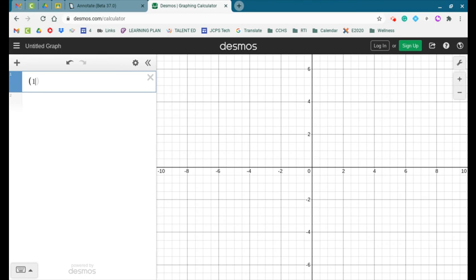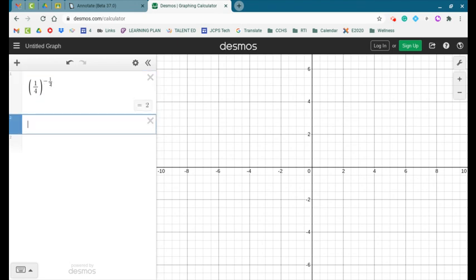We had 1 divided by 4, close your parentheses, and then to the -1 divided by 2. So you can type it in Desmos exactly like that, and it'll still give you the same answer.